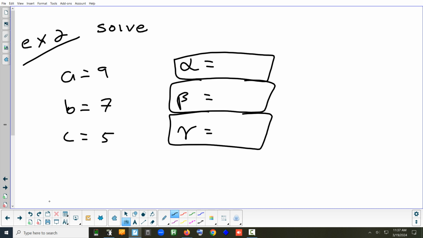If I give you sides of like 1, 1, and 1,000, you can't make a triangle with those. Because you have one really, really long side, and then you have these two little short sides on the end. They're never going to connect. Okay, so any two sides added together have to be bigger than the third. Not equal. So if I gave you sides of like 3, 3, 6, you can't make a triangle with a 3, a 3, and a 6.